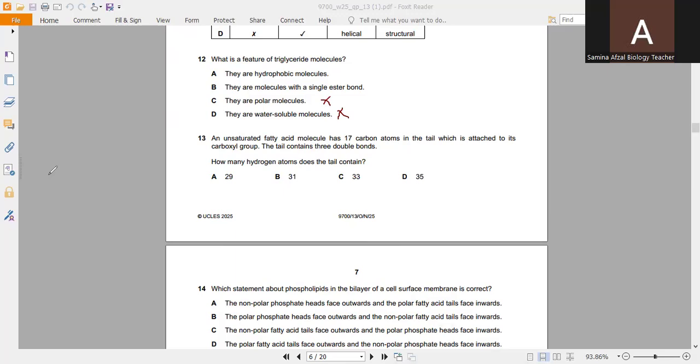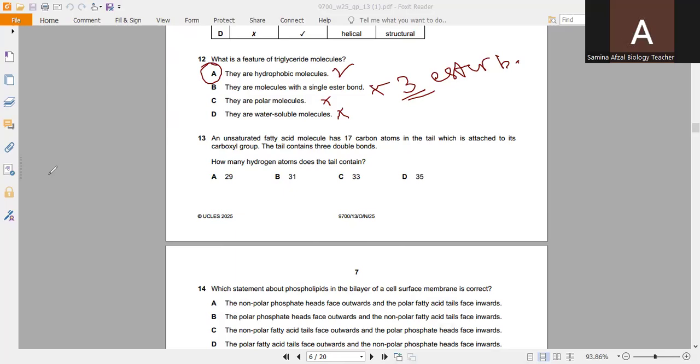So this is not correct. They are molecules with a single ester bond? They contain three ester bonds. So this is also not correct. So they are hydrophobic, they are water haters. A is the correct option because they are not water soluble. So they are hydrophobic molecules. So A is the correct option.